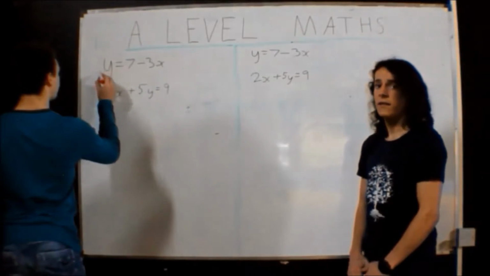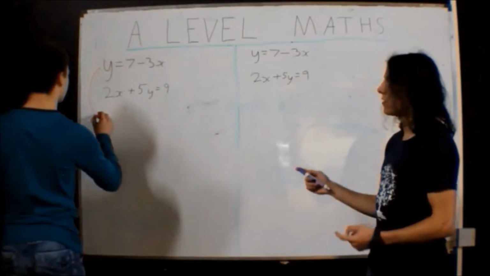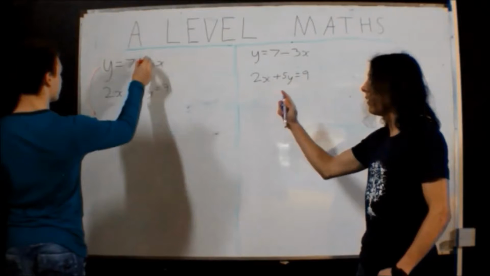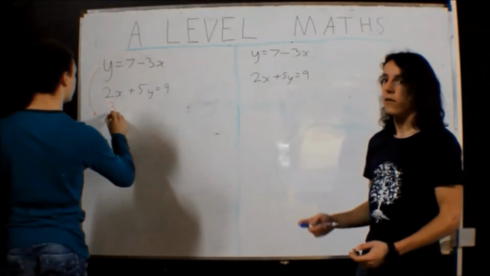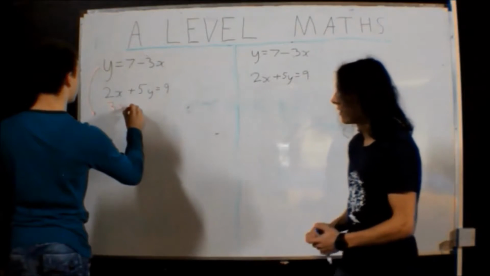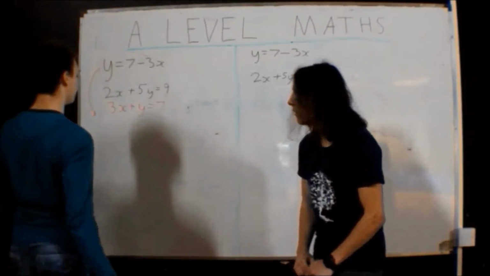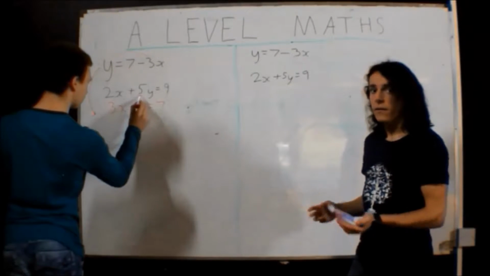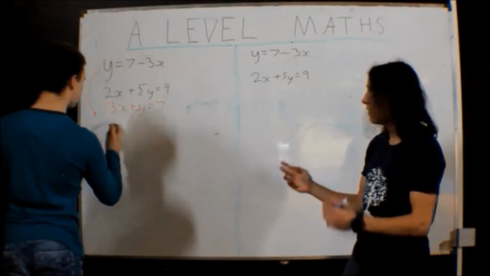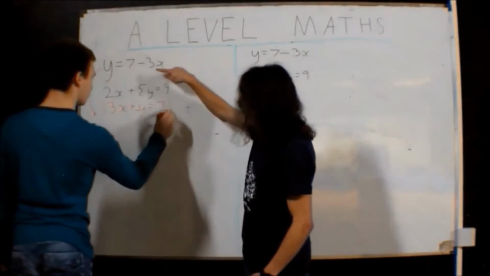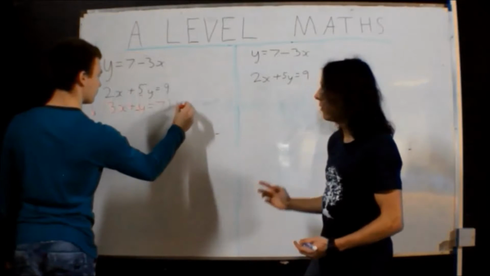Okay, the first thing we're going to do is make the equations look the same. So he's going to move minus 3x over to the other side by adding 3x to both sides. That makes it 3x plus y equals 7. Now, the coefficient in an equation, if you didn't know, is the number before the x or y value.